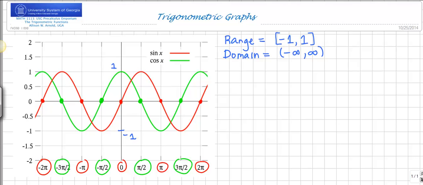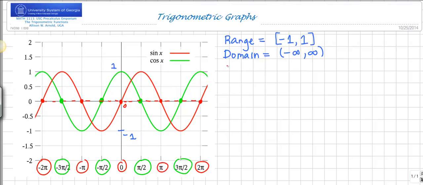And if we measure the length of the repeating pattern, you see that for the sine graph, one full pattern fits between 0 and 2 pi. Another pattern fits between -2 pi and 0.